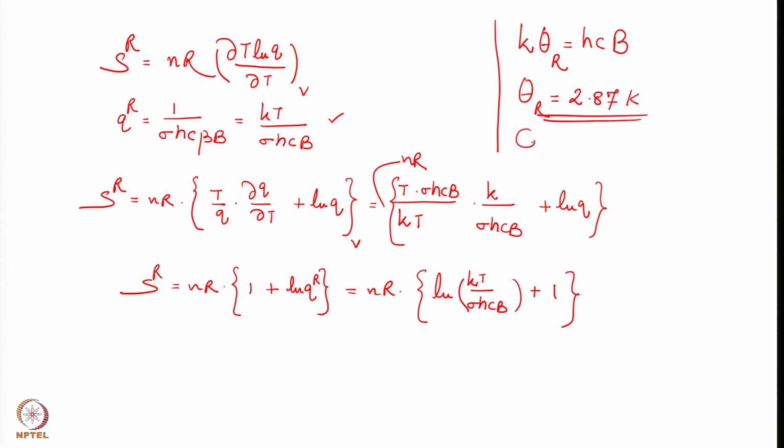And your given temperature is 298 Kelvin, which is much higher than 2.87 Kelvin. So therefore it is justified to use Q_R equal to kT over sigma hcB. Now you substitute the values and what you will get is 41.14 joules per Kelvin per mole.